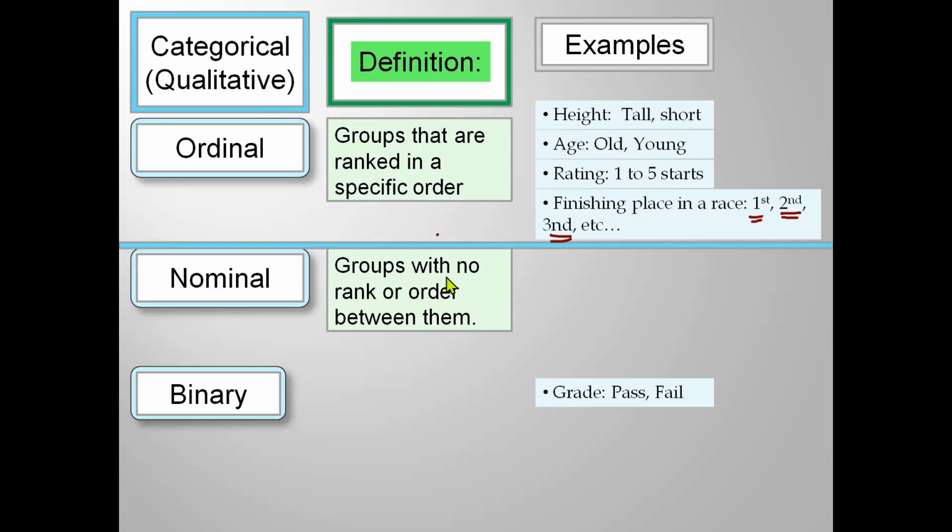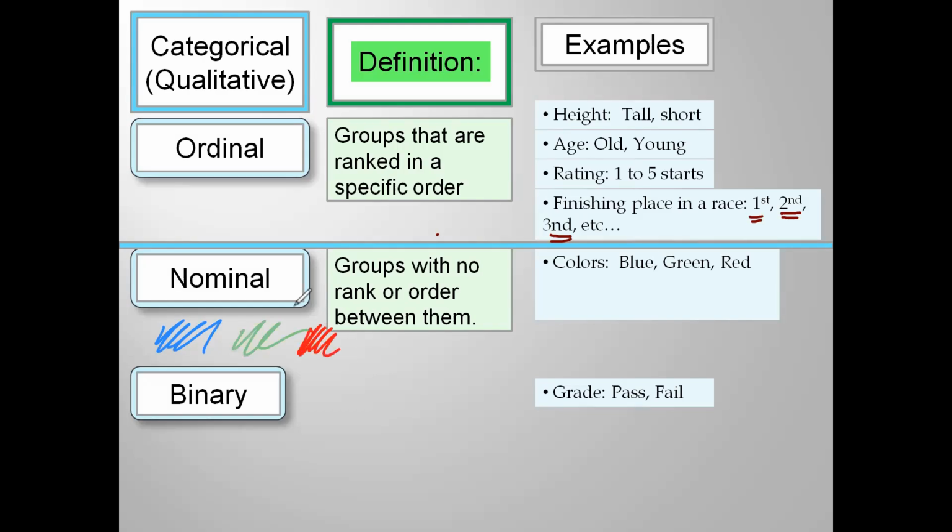So nominal refers to groups with no ranking or order between them. The most common one we might think about is color. So we can have blue, green, or red.